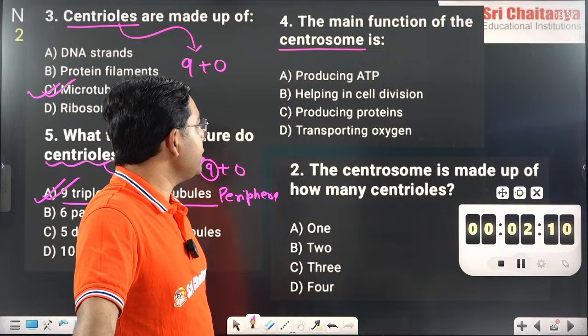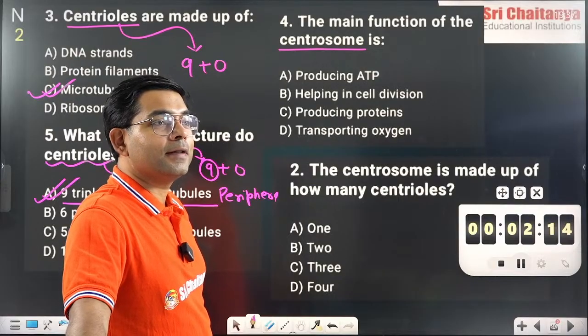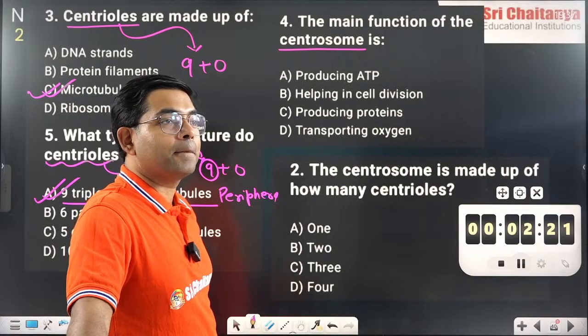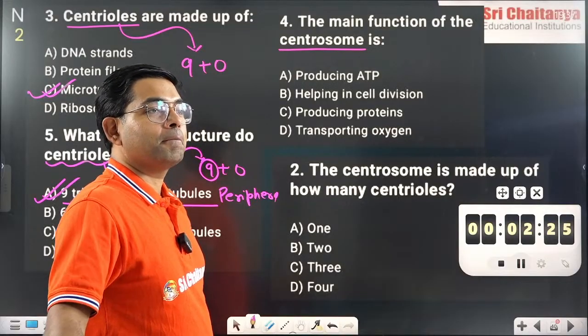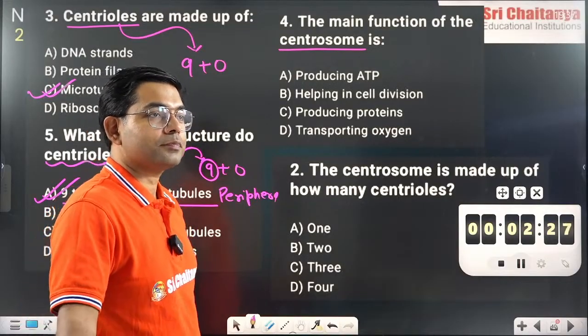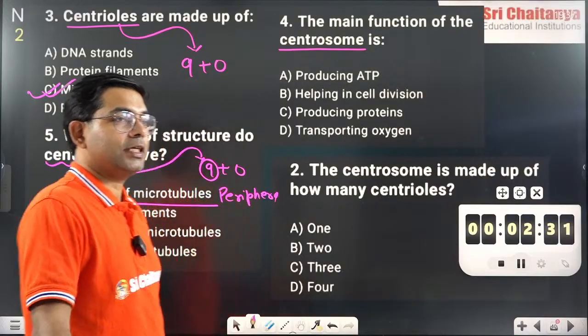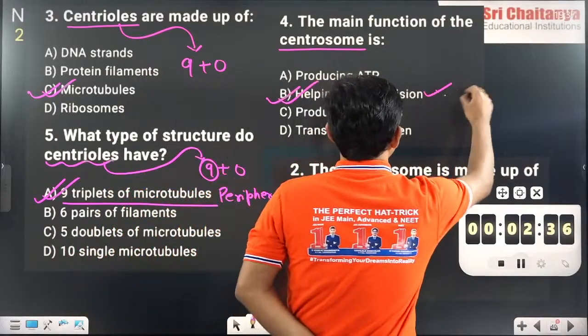I have already given you the hint. Geeta correct, Khalil correct, Sai correct, Vijay, Vijay Kumar, Chandan, Tulsi, Lashya, very good. So it is simple B. B is correct answer here.